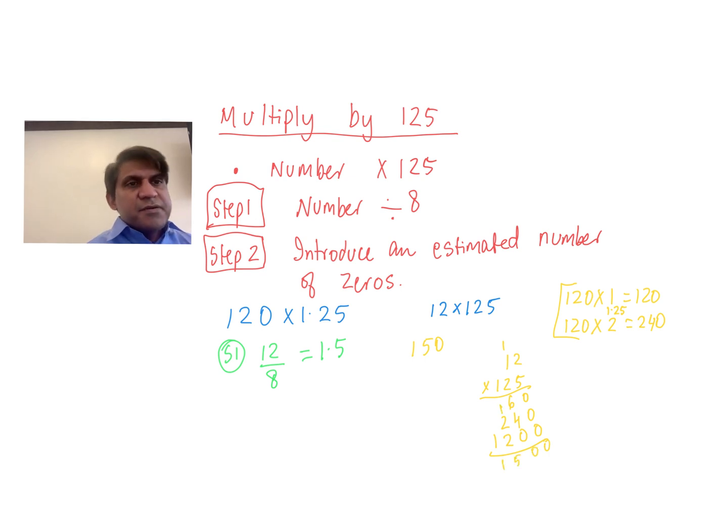I get 1500. And then I've got two decimal places, but I also have one 0. So if I introduce the 0, it becomes 15,000. And then I move the decimals by 2 spots. So I get 150, which gives me the same answer as I was estimating.